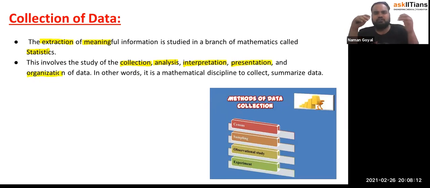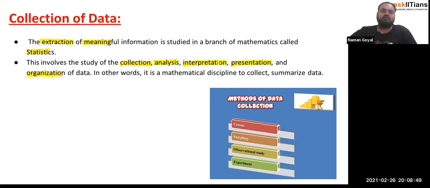If you see cricket matches, the data of every player, every batsman: how many matches they played, how many runs in previous matches, how many 50s they scored, how many hundreds, what is the strike rate, what is the average of that particular batsman. First they collect the data and then they analyze it: the number of matches, runs, then 50s, 100s, strike rate and average.